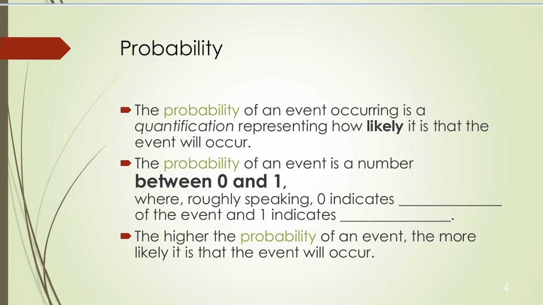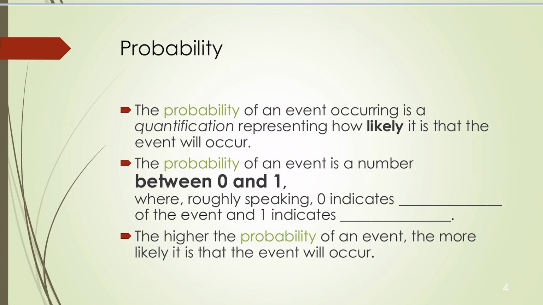The probability of something happening is a quantification representing how likely it is that the event will occur. So by the end of the semester, we're going to have talked about inferential statistics, which is a way of leveraging math and data to make decisions and conclusions.